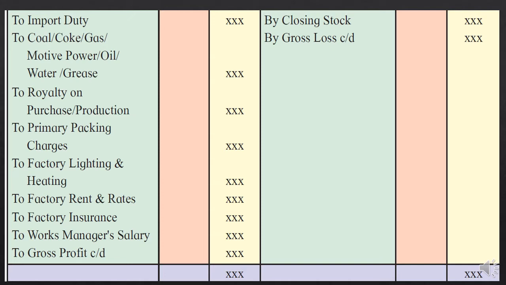Primary packing charges, first once the goods is produced, the primary packaging is done in the factory, so that will be shown in the debit of the trading account. Factory lighting, heating, factory rent rates, factory insurance, works manager's salary, closing stock, the remaining stock of the goods in the factory, so all will be posted into the trading account.